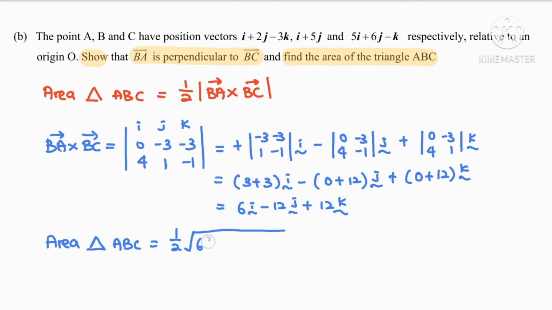So we put in 6 squared plus negative 12 squared plus 12 squared. So we get 1/2 times 18, and we get the answer 9. So the area is 9 unit squared.